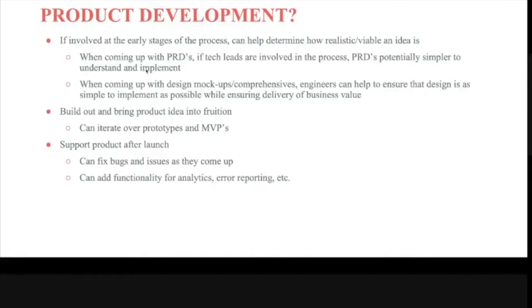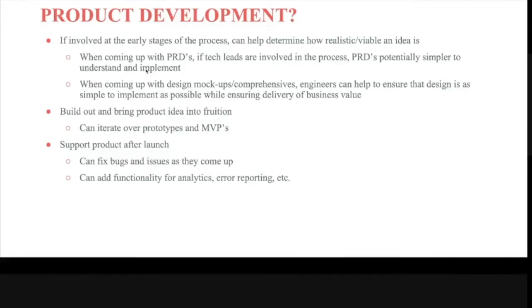In some companies, such as Facebook, engineers are the ones who decide whether or not the product will be built, while the PMs are the ones to pitch the ideas to them. They are the ones to build out your product idea and vision and bring it to fruition. While developing the product, they are the ones who will be iterating over the prototypes and MVPs to build the final product.